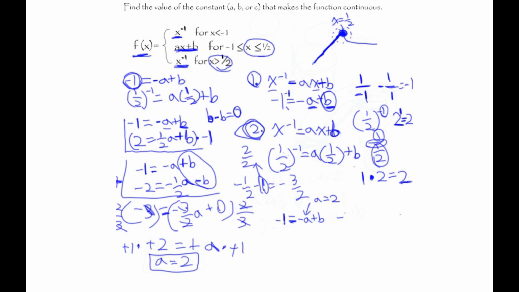We'll perform that substitution, and then we'll simply isolate the b variable. So we'd add 2 to both sides, which is 1. These two cancel out. Negative 2 plus 2 is 0. 1 is equal to b. A is equal to 2, and b is equal to 1.